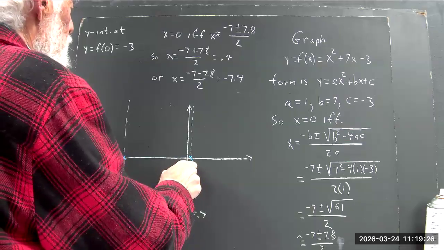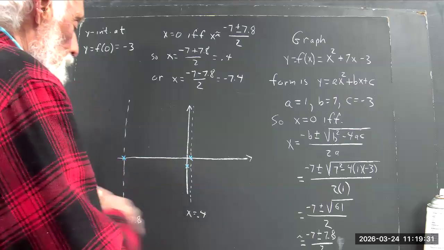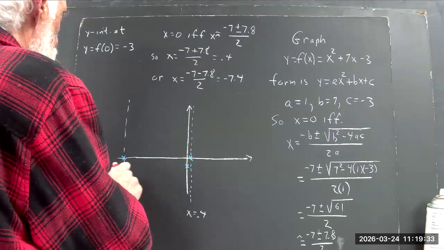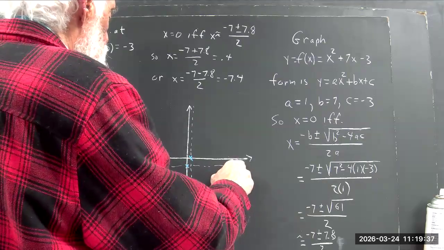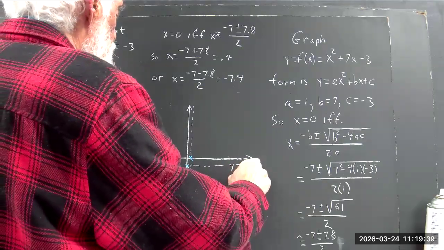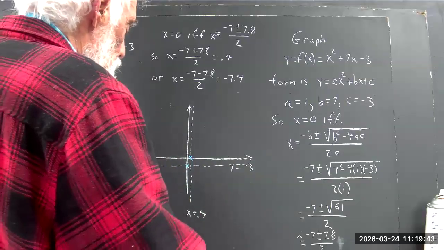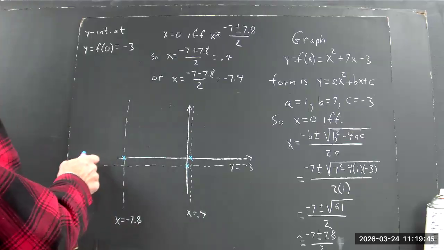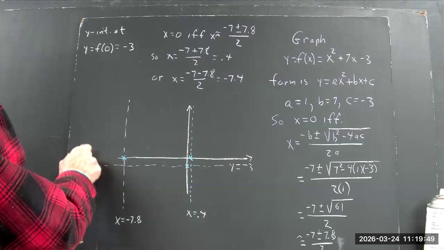So I'm going to put that about here. I'm going to draw a horizontal line a little bit below the x-axis for y equals negative 3. And I'm going to put the point there. And I'll go ahead and label these points now. I kind of see where the graph is going to be.